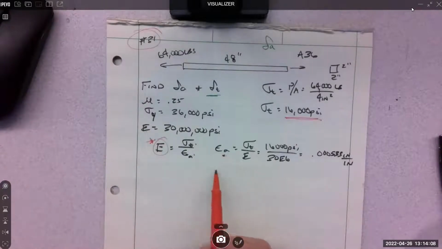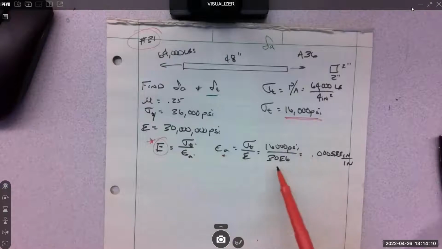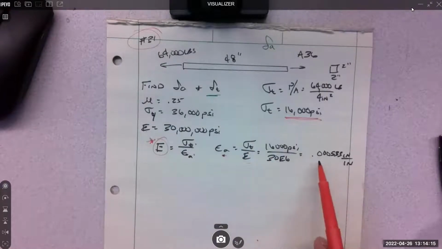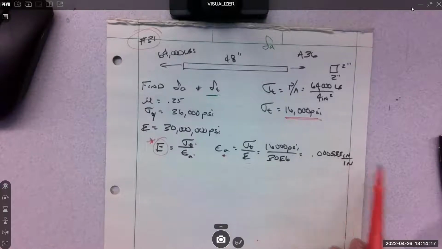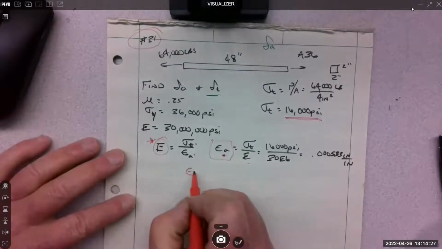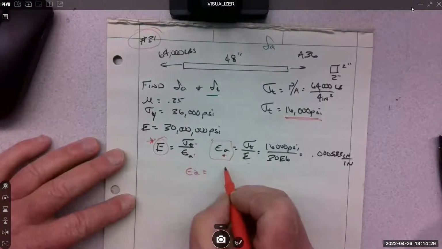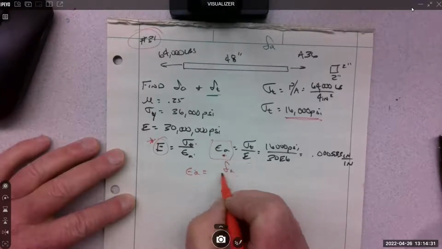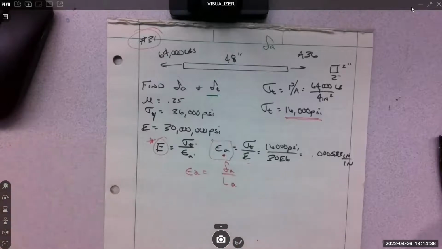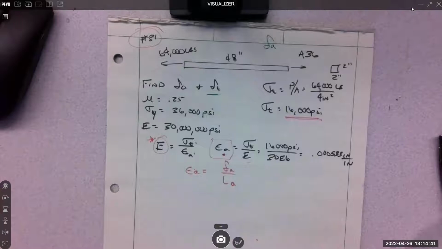This is the axial strain. So I just put 16,000 over 30 million E, 30 million, and got 0.000533 for the strain. So when you get the strain, you're one step away from the actual change in length because strain is equal to the change divided by the original. This is all axial, or what they called longitudinal.